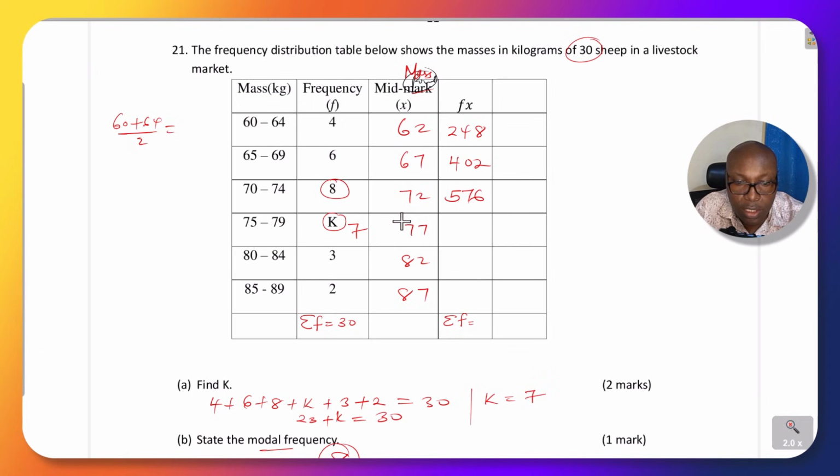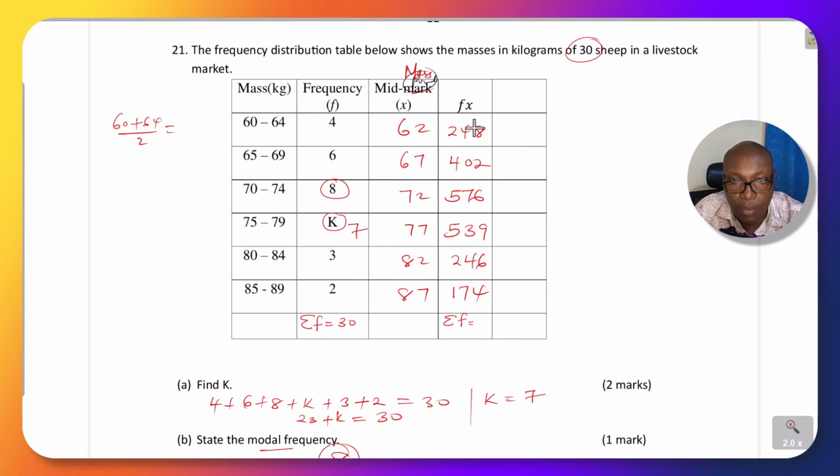Then the next is 77 multiplied by 7, 539. Then 3 multiplied by 82, 246. And then 87 multiplied by 2, that should give 174.